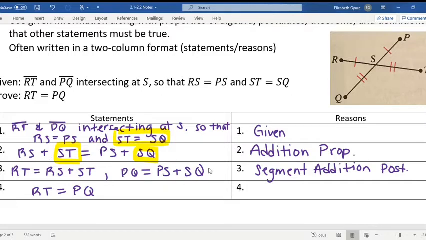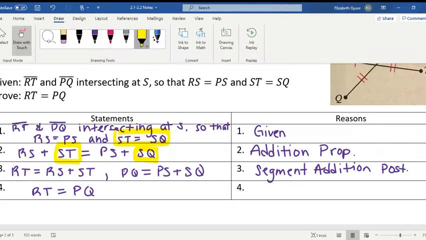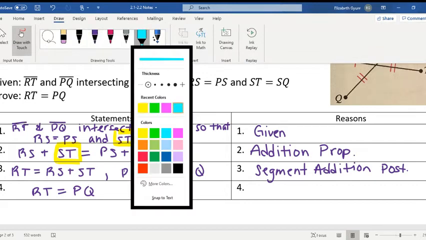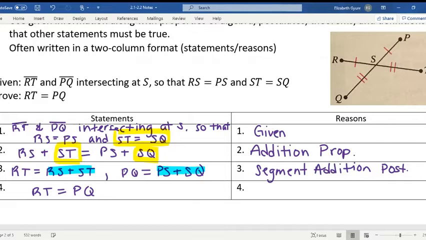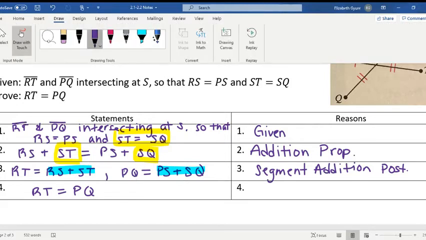I know that these two statements here are equivalent. I said it in the step above. Well, if these two statements are equivalent, won't these two statements also have to be equivalent? What I can do here is substitute one in for each other. Again, they're equivalent. So then I can say RT is then also equivalent to PQ. So that is the substitution property.